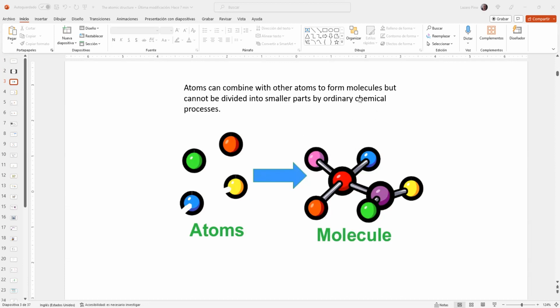We can say that atoms cannot be divided into smaller particles. The molecules, yes, they can be divided into the different atoms that they are made of.